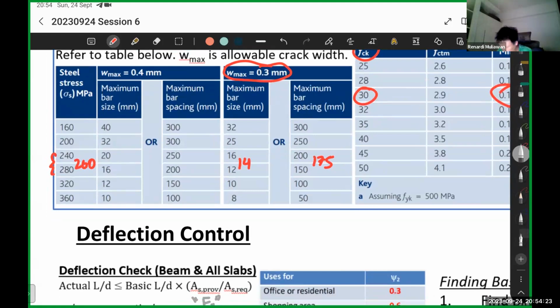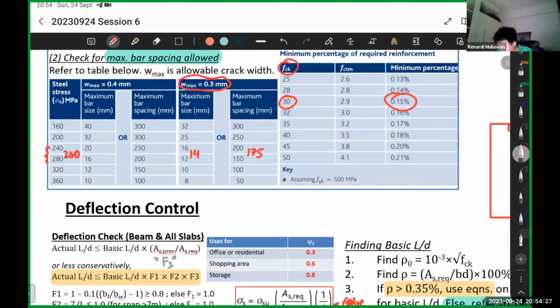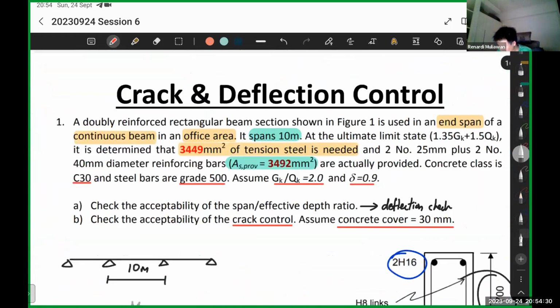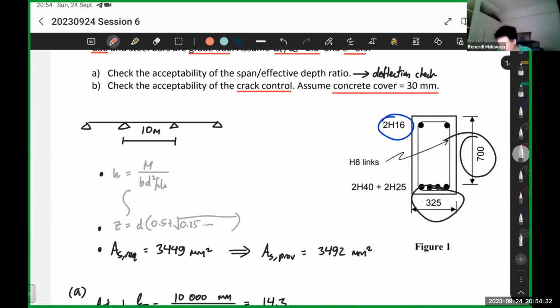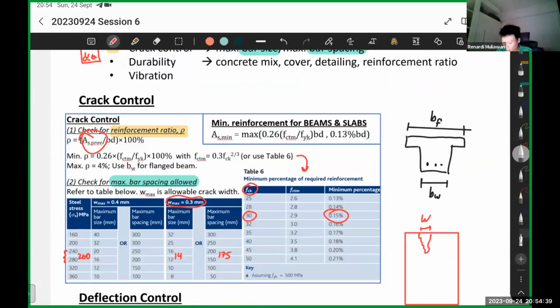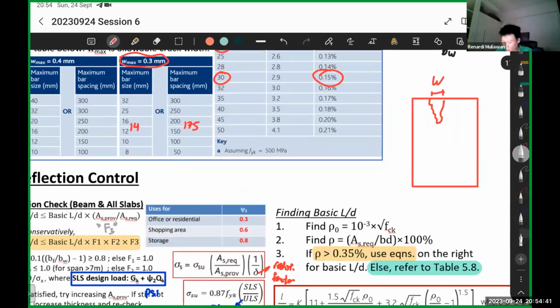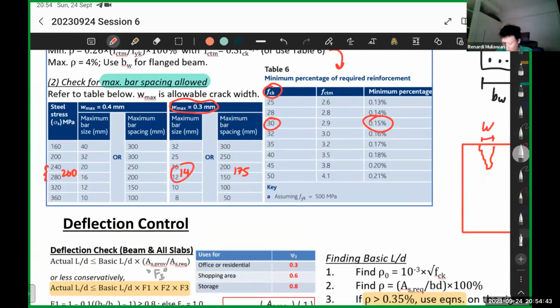So you can pick either of the two. Again, it's an or, not an and. You either limit the bar size or you limit the spacing. Since the limit is 14, while the diameter we have is 40 and 25, what we can do is limit the spacing to 175.